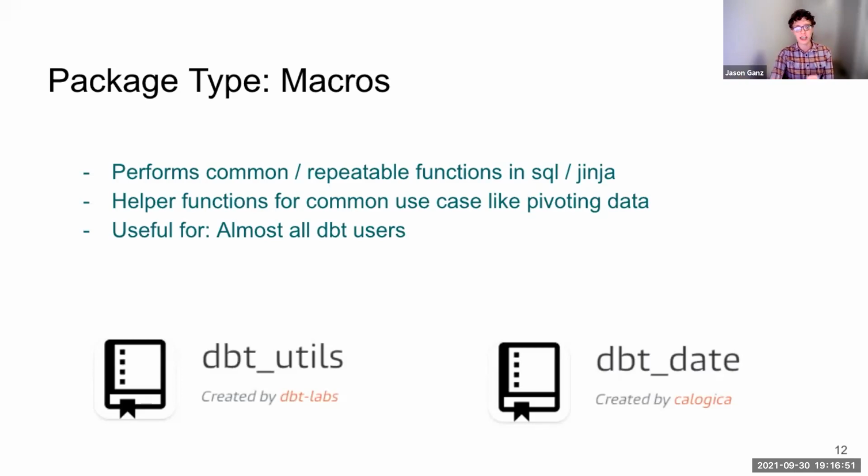These are great use cases for dbt_utils. Or dbt_date, which is a really interesting package that helps give us the kind of date columns that you normally want with a date. You can apply it to any datetime column and it will give you the month that occurred, the quarter that occurred, just setting up some of the rote date analysis that we do very frequently. And these are useful, honestly, for just about everyone using dbt. dbt_utils is a very widely used package, and there's something in there for just about everyone.